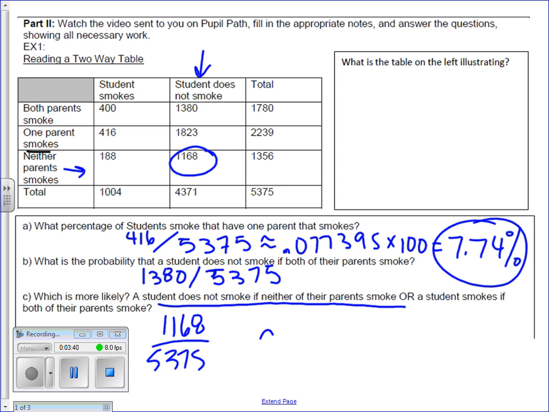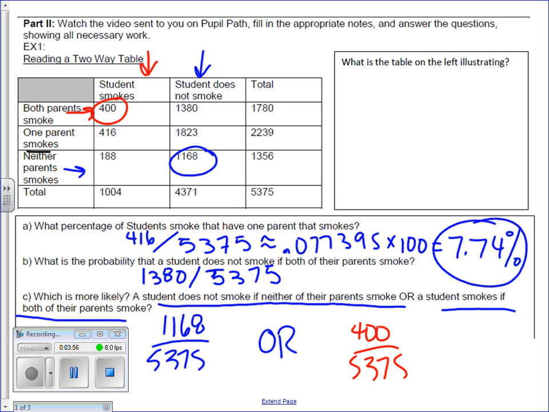And we're going to compare this to student smokes and both parents smoke. That was 400 out of 5375. Since these have the same denominator, I don't think we really need to change them to decimals to tell which one is more likely.